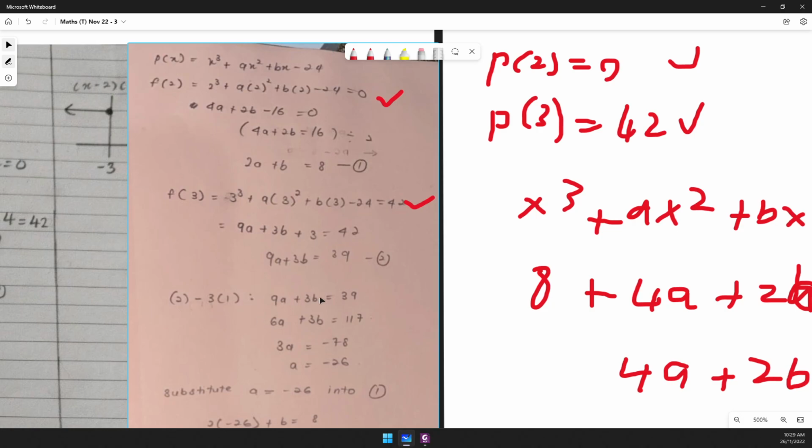You're trying to do 2 minus 3 times 1, right? How did this become 117? You're saying minus 3, 1, so this one should be 24, right? Oh, okay. I think you pressed something else. That's why you got a very, very strange number here.